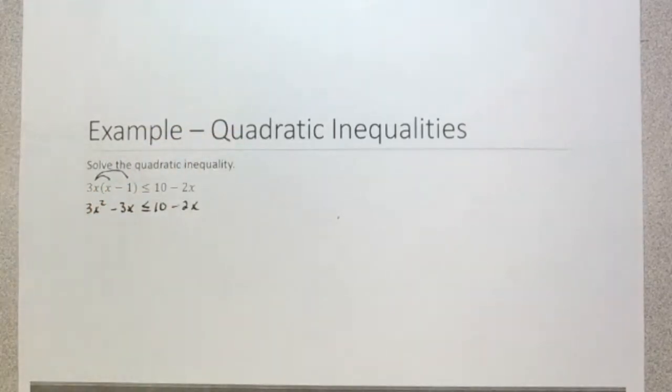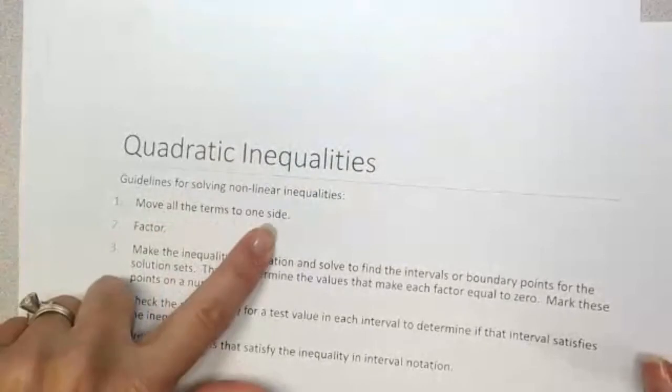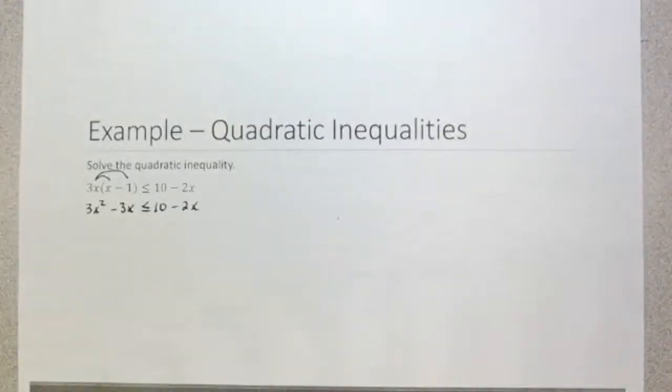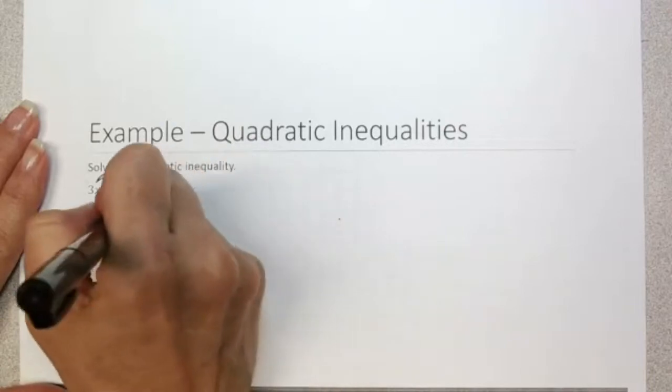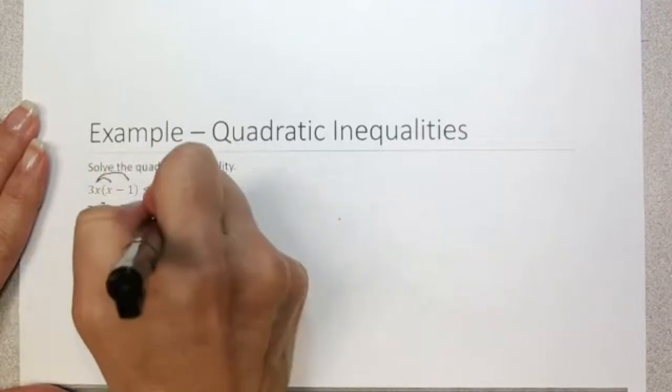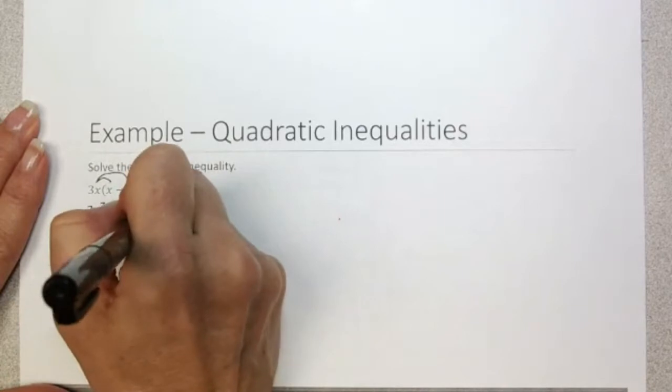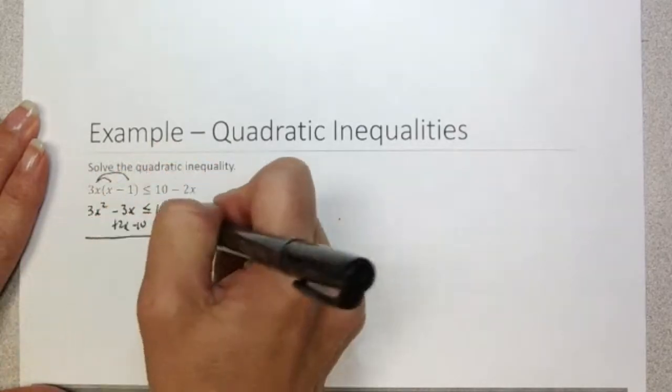Okay. Now, if we're thinking about our procedure here, we want to put it in standard form, or the first step says move all the terms to one side. All right, so we'll do that. We'll add a 2x to both sides, and we'll subtract a 10 from both sides.